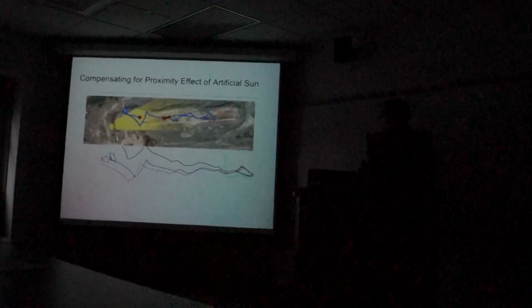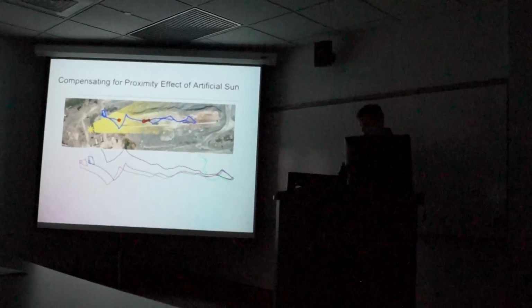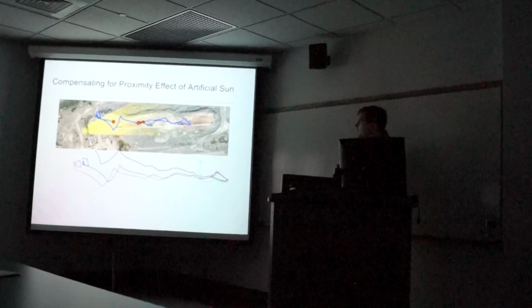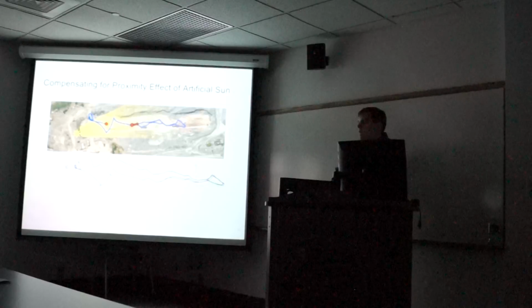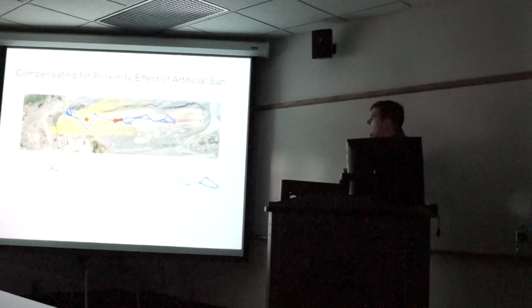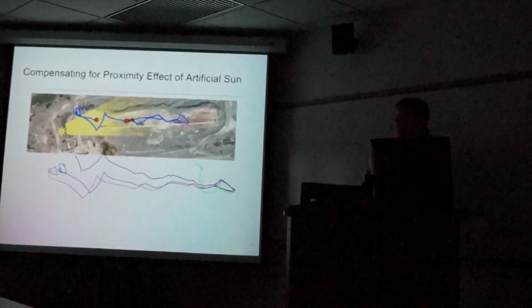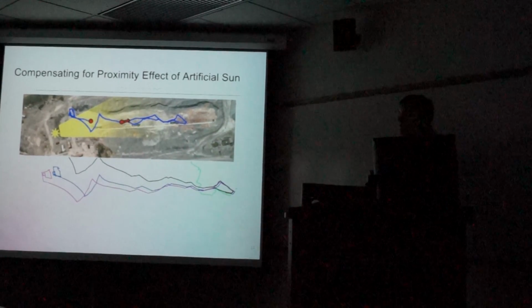The other technique that had to be performed on this data was to correct for the proximity effect as the rover approached the artificial sun light source. Because the light is not infinitely away, the closer the rover gets to it, the sun appears to move relative to the rover.